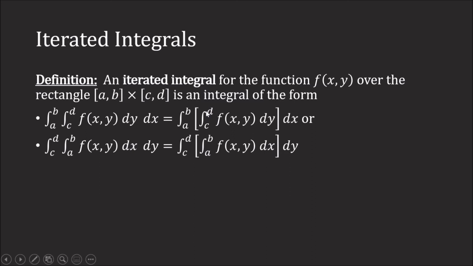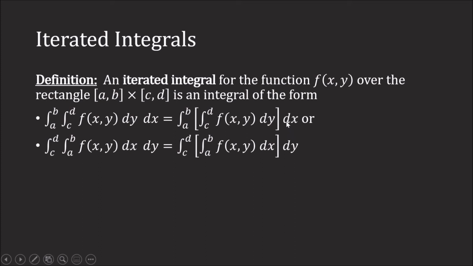So an iterated integral for the function f of x, y over the rectangle [a,b] cross [c,d] is an integral in one of two forms. Either the integral a to b, integral c to d of f of x, y dy dx. The interpretation of this first form is we're going to take the integral from c to d of f of x, y first, then integrate that result from a to b with respect to x.